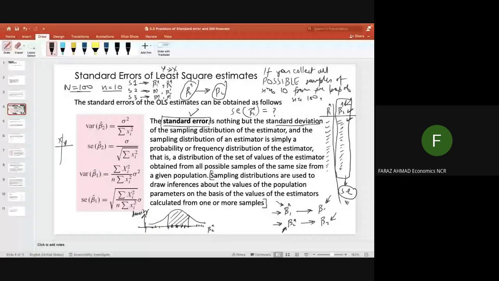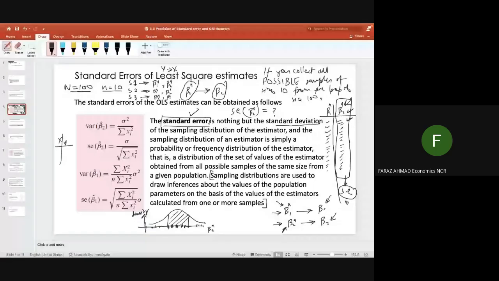So this is the sampling distribution, all the values of beta 2 hat, and its standard deviation is the standard error of beta 2 hat. So you write it like this: standard error beta 2 hat is equal to this, whatever it is, right?